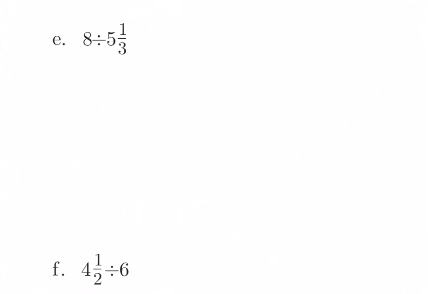All right, a couple more. Okay, for E, let's look at our estimate. 8 has no fraction, so we're going to go ahead and leave it as an 8. 1/3, this is going to round down, so we're going to leave it as a 5.